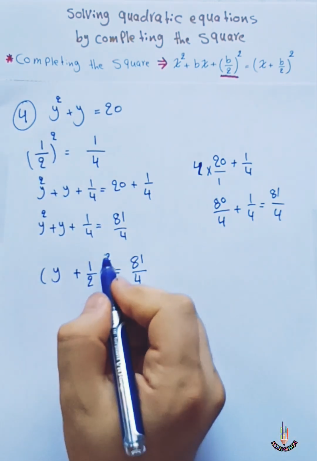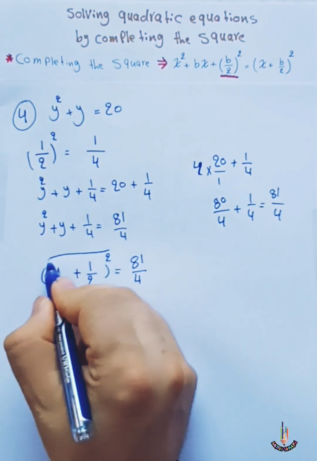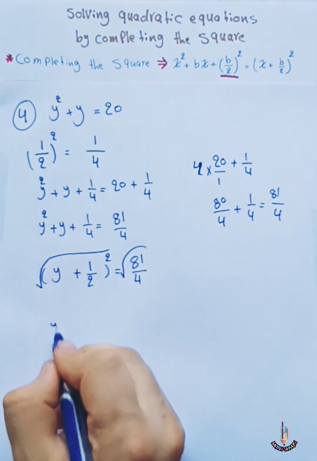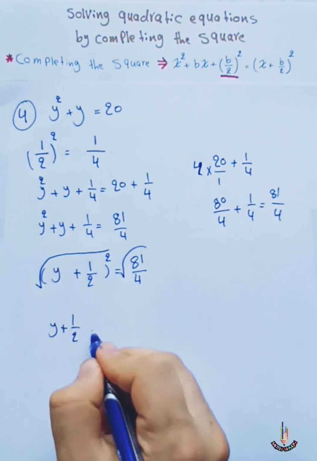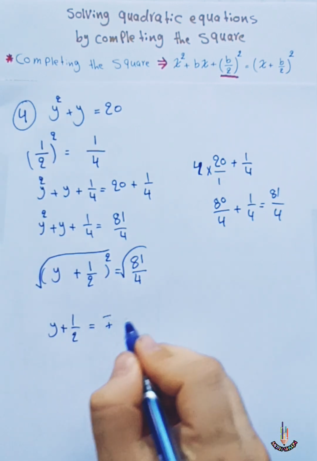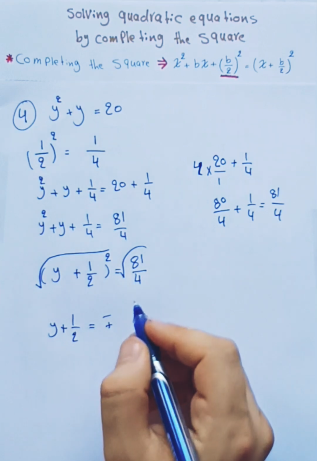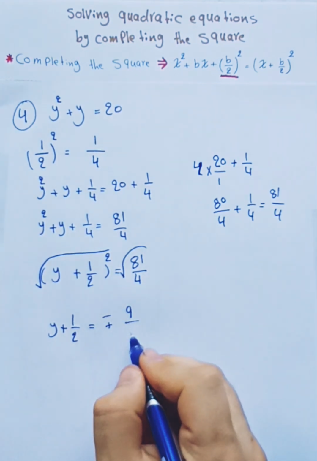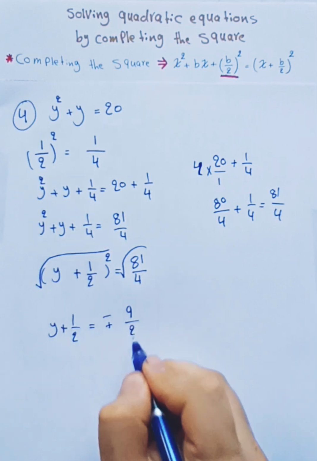After that you have to take the square root for both sides. So the square root for this term is y plus 1 out of 2 equal to positive or negative square root of 81 out of 4. 81 comes from 9 times 9, and then 4 comes from 2 times 2.